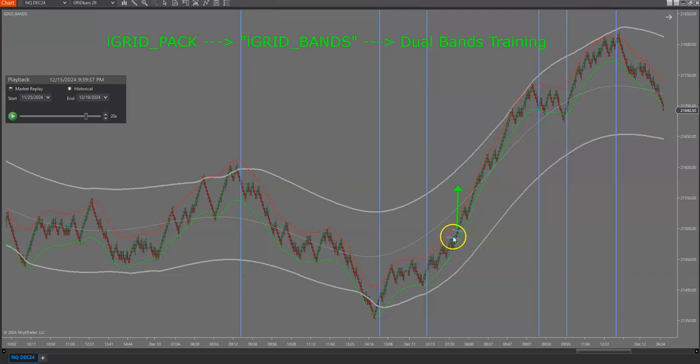This is building momentum. The pinch is the building momentum, and the really narrow pinch of the bands, this is runaway momentum, like really strong institutional driven buy program activity momentum type stuff.